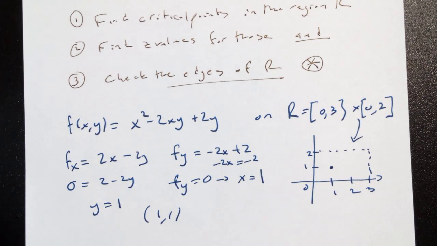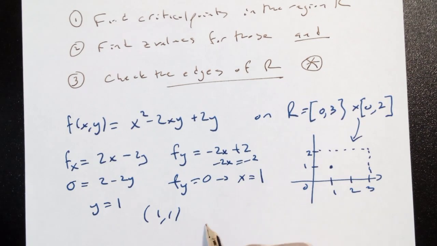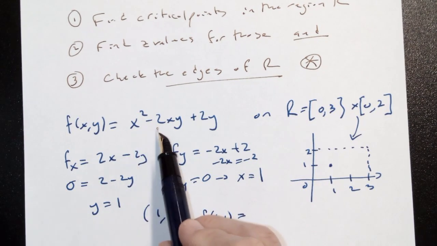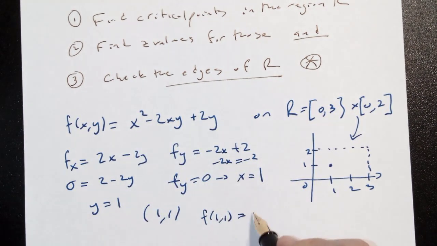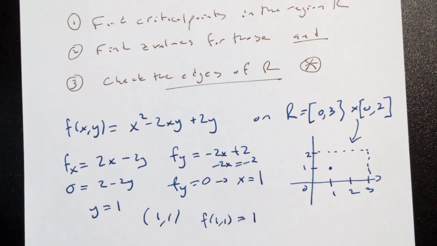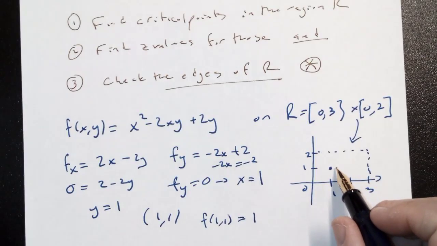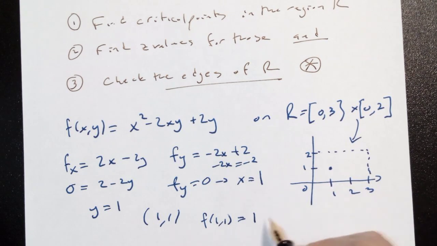What's the z value for this point? One minus 2 plus 2 is 1. If you wanted to, you could, right here, next to this, write the number 1. That's our z value. But all I need to know is I need to remember that z value.